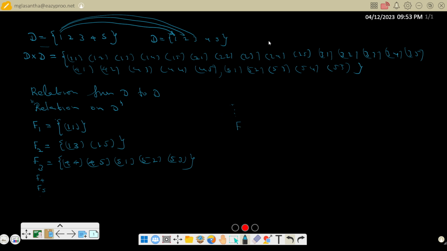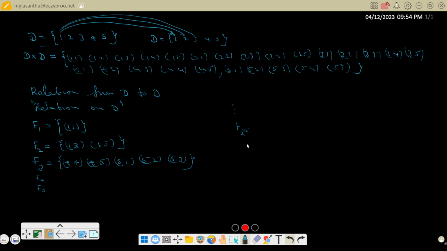So D cross D has 5 by 5, which is 25 elements. So 2 to the power of 25 relations you can write. Very big number.